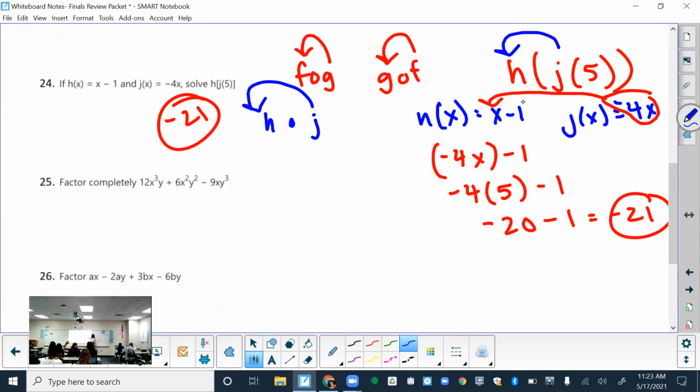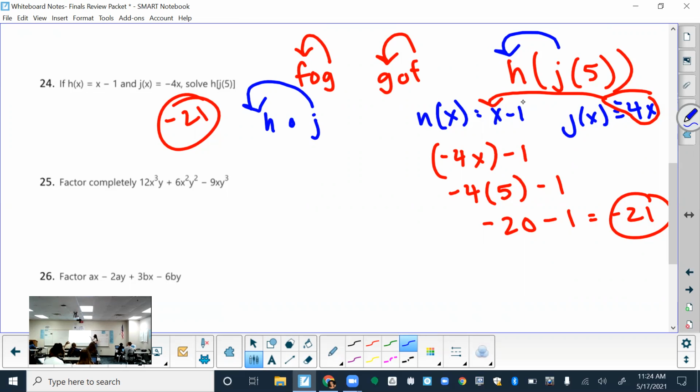Taking it, plugging it in for x. When you do that, it looks something like this. I put in parentheses because I plugged it in. It's -4x minus 1. All right, questions on that part? How you made your new function? Right, so it's always the inside function, or like the last letter into the first letter.